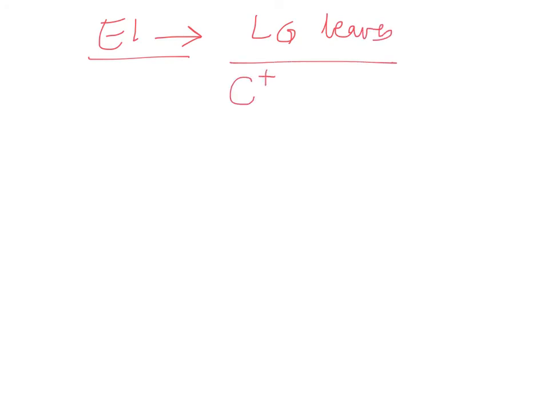Now, let's talk about the E1 mechanism. E1 mechanism has two separate processes. The leaving group leaves, Lg leaves. That's the first thing. And it gives you the carbocation intermediate, and that then loses a proton in a separate step, and it gives you your alkene.